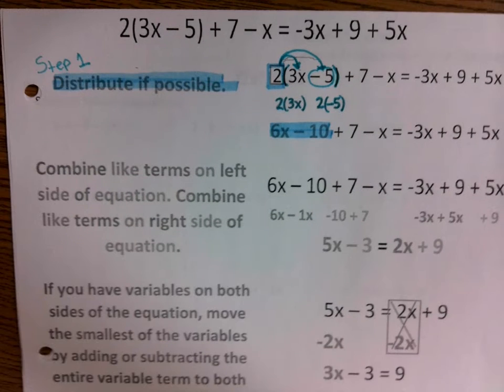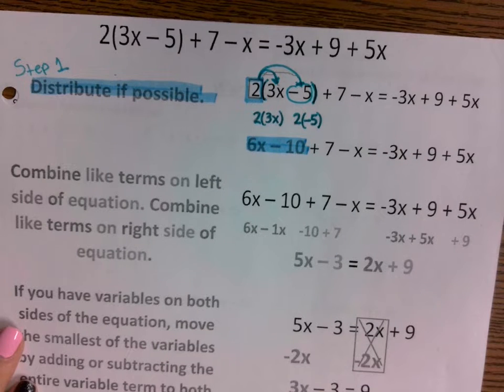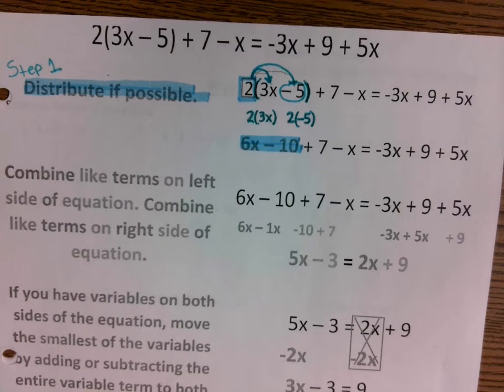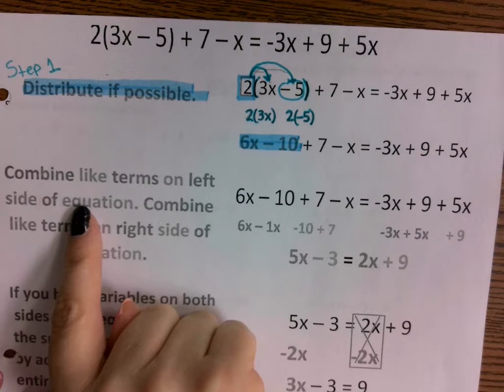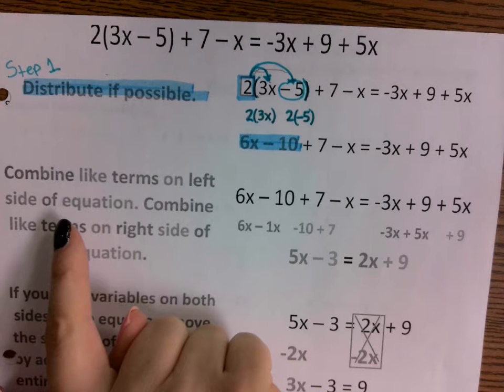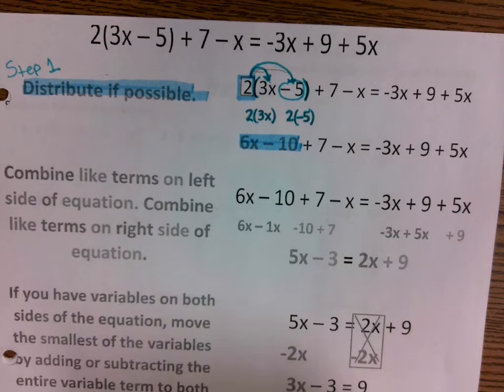Our second step, step number 2, is to combine like terms on the left side of the equation and then combine any like terms on the right side of the equation. Combining like terms on the left side of the equation, bear with me, I'm going to be doing this in green and in pink for combining.